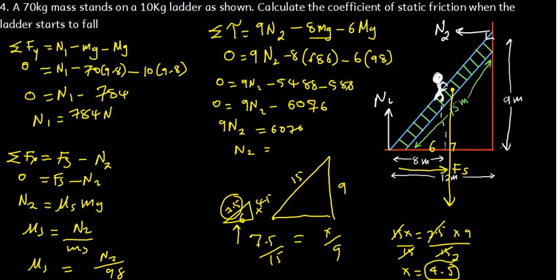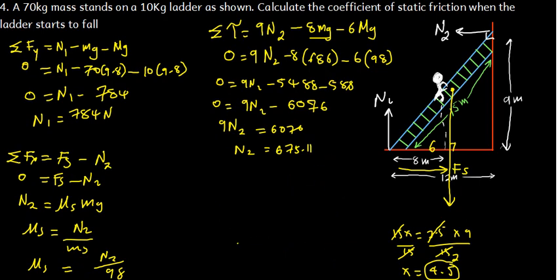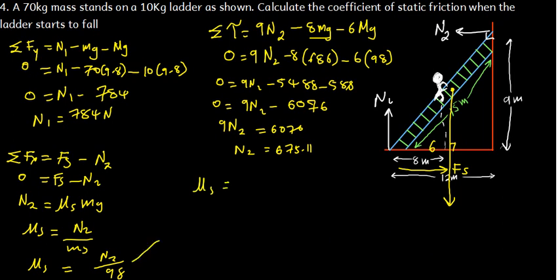This is going to be 675.11. Now we can find our coefficient of static friction. Mu s is going to be equal to N2, which we have found as 675.11, divided by 98.